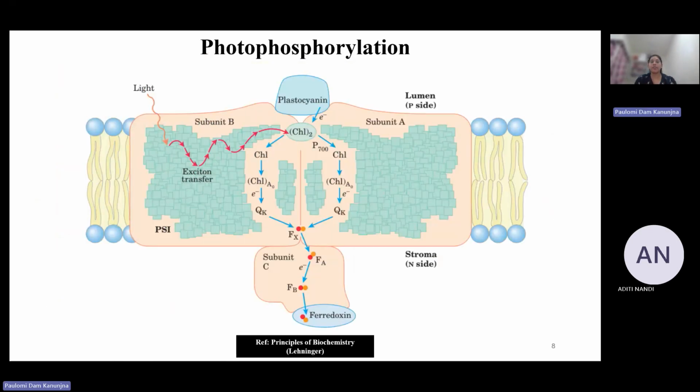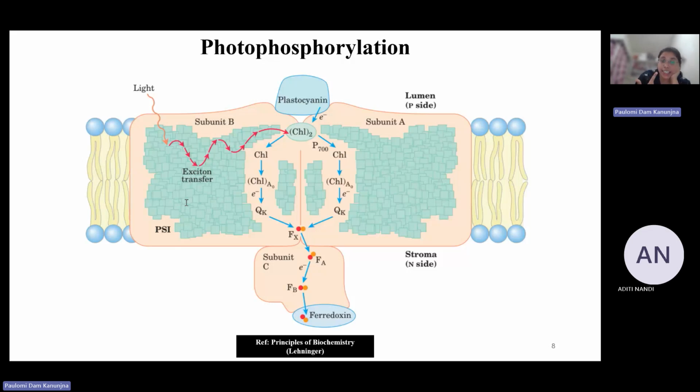Now coming to what I was talking about when we were talking about light harvesting molecules. This is basically a schematic drawing of the essential proteins and cofactors in a single unit of photosystem 1. There is a large number of antenna chlorophylls that surround the reaction center.